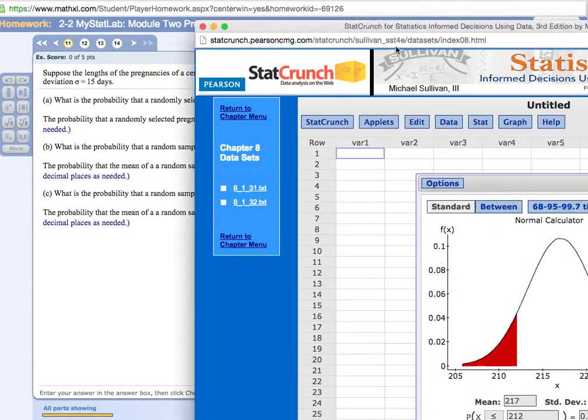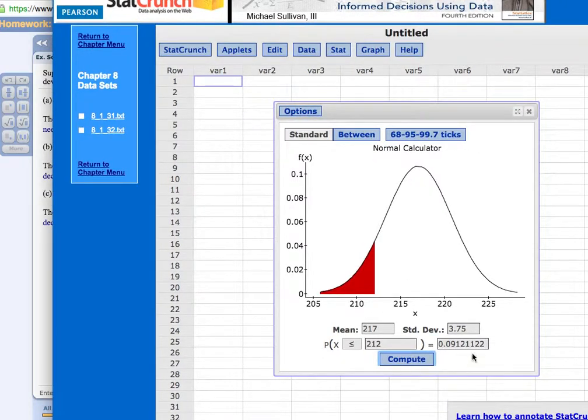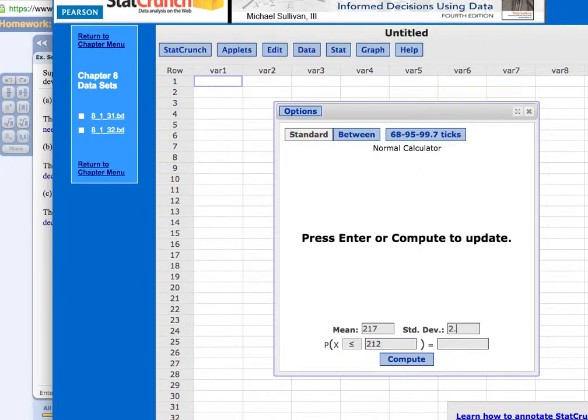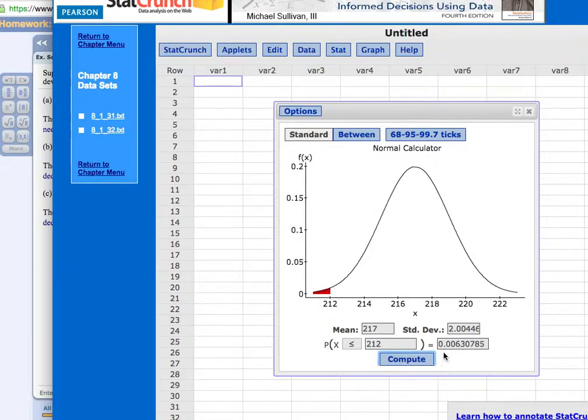I'm going to put that in for my new standard deviation, and I'm not going to round here. I'm going to just put it in as is and then compute it. And here that probability is 0.0063, so not very likely.